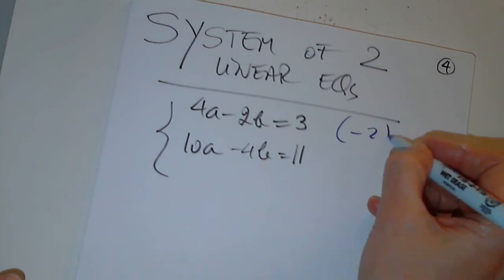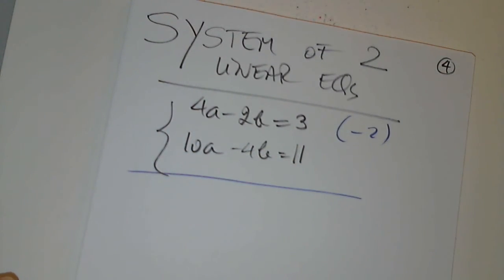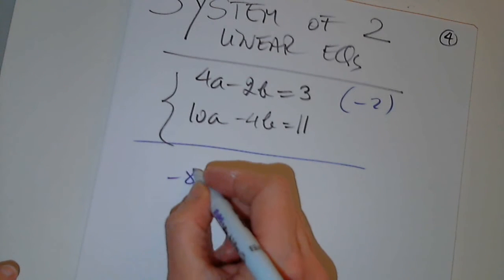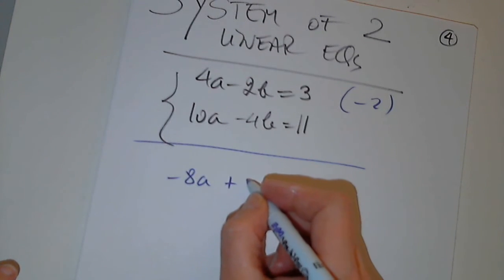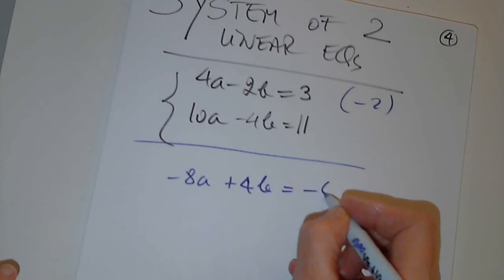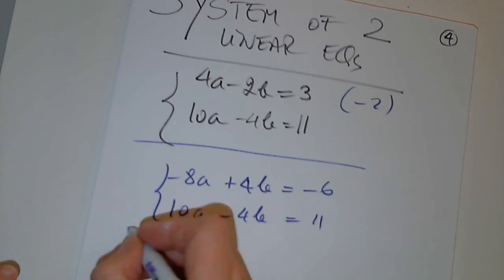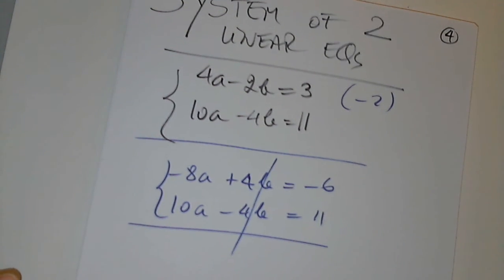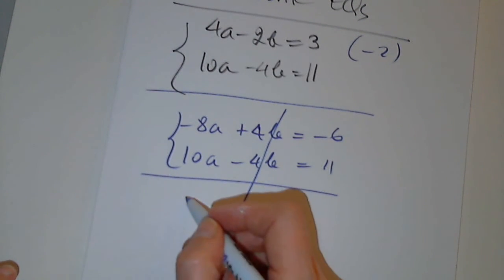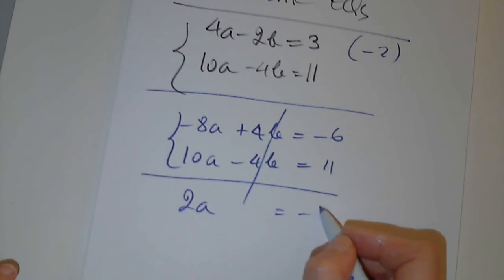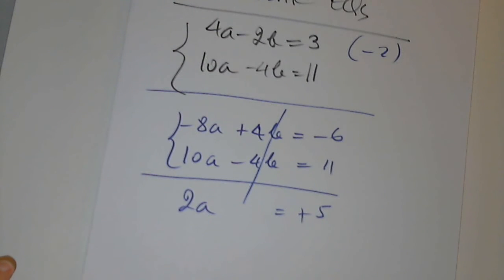Okay, I'm going to multiply the first equation by negative 2. So I have negative 8a plus 4b equals negative 6. 10a minus 4b equals 11. And I'm going to eliminate b. So that gives us 2a equals positive 5.